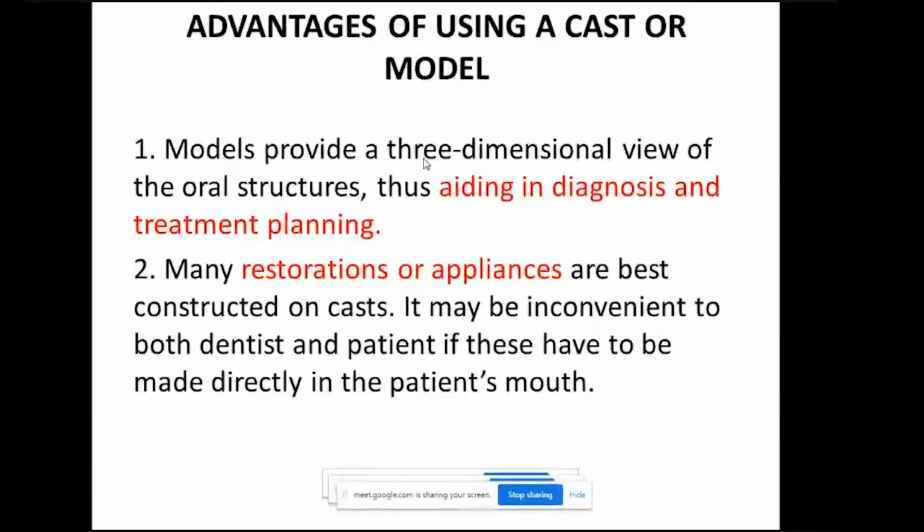These types of appliance is best constructed not intraorally. First of all, you must take impression, reproduce the cast in the lab. The technician must reproduce the appliance. After that, return it back to the clinic.